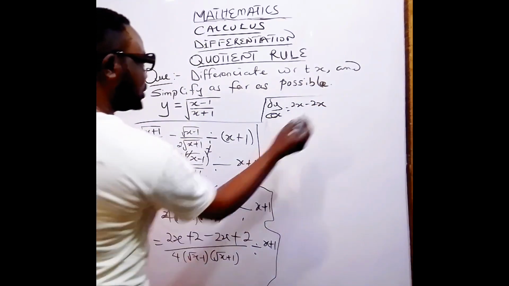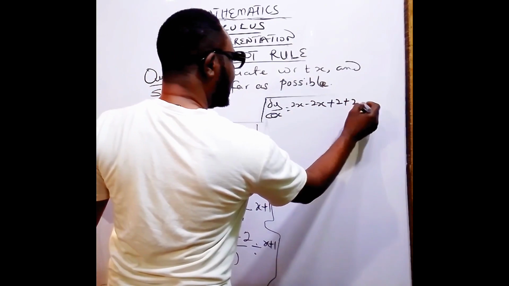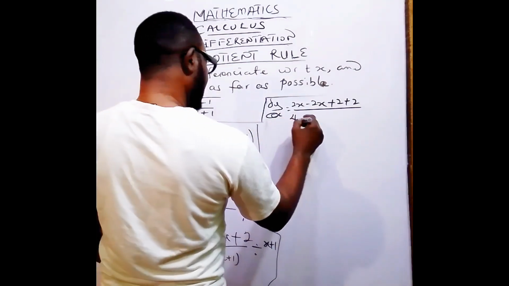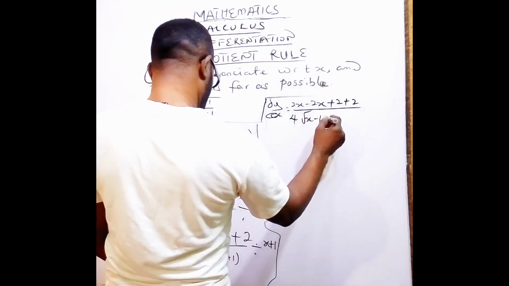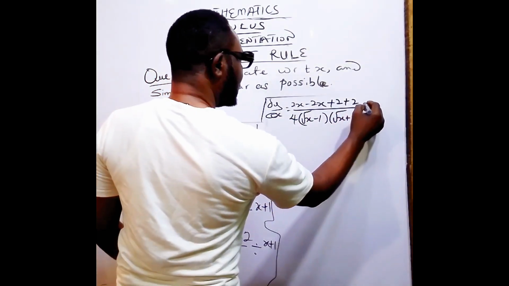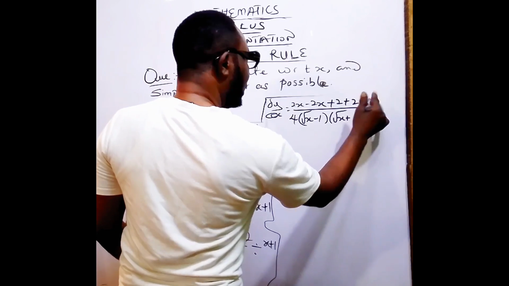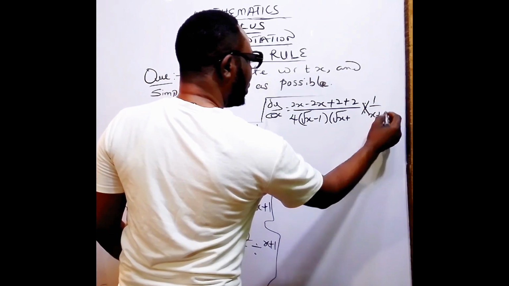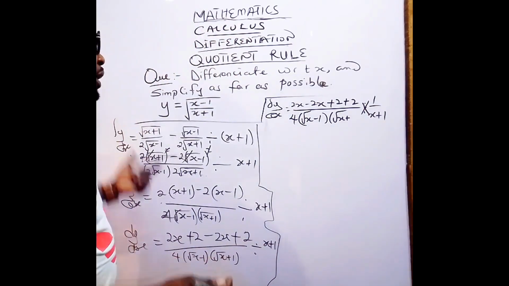Then plus 2 plus 2, all over 4 root x minus 1. Put it in bracket. Root x plus 1 divided by what? Oh, let me just turn this to multiplication. Multiply by what? 1 over x plus 1. Good. That's what it's going to turn to, you know.